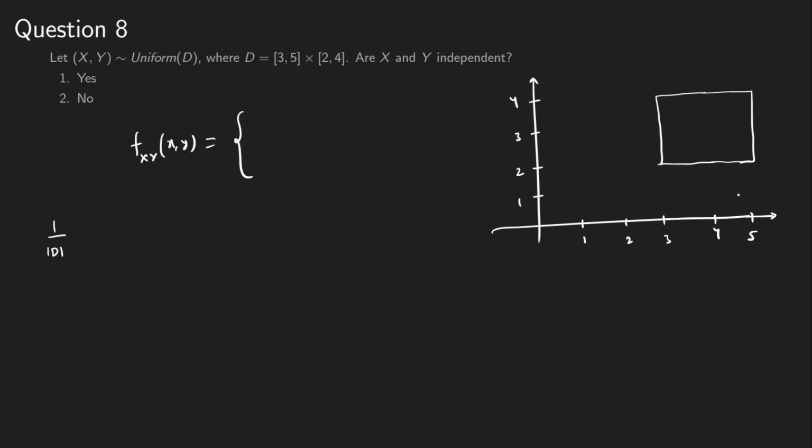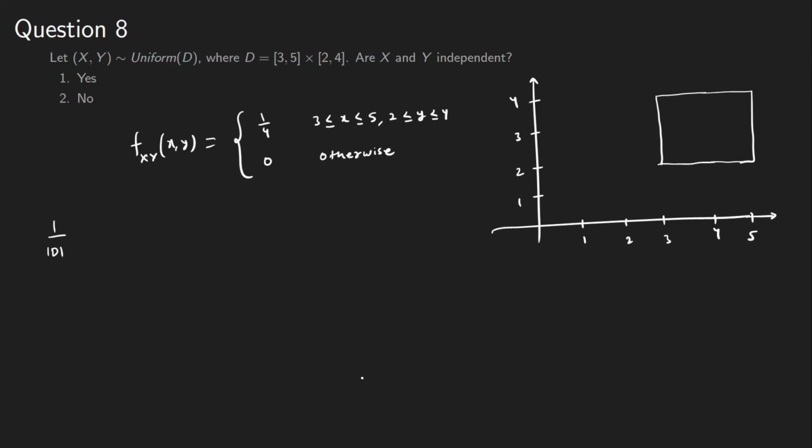It is equal to 2 times 2, which is 4. So 1 by 4 is the uniform PDF, where x goes from 3 to 5 and y goes from 2 to 4, and it's 0 otherwise. In other regions it is 0.